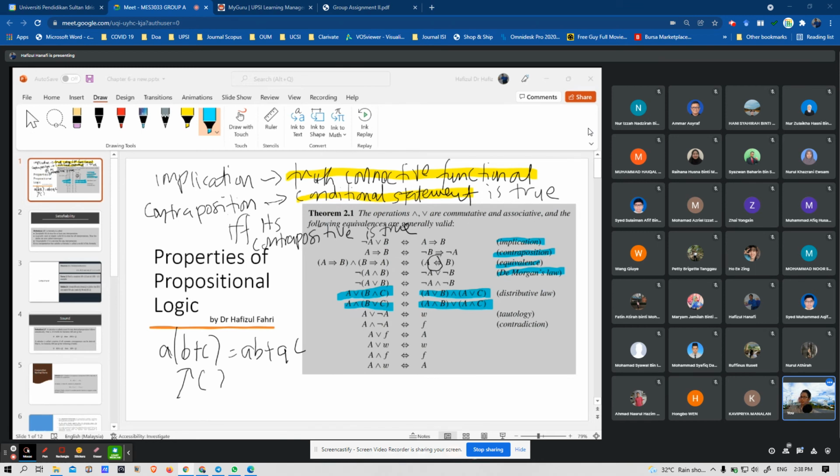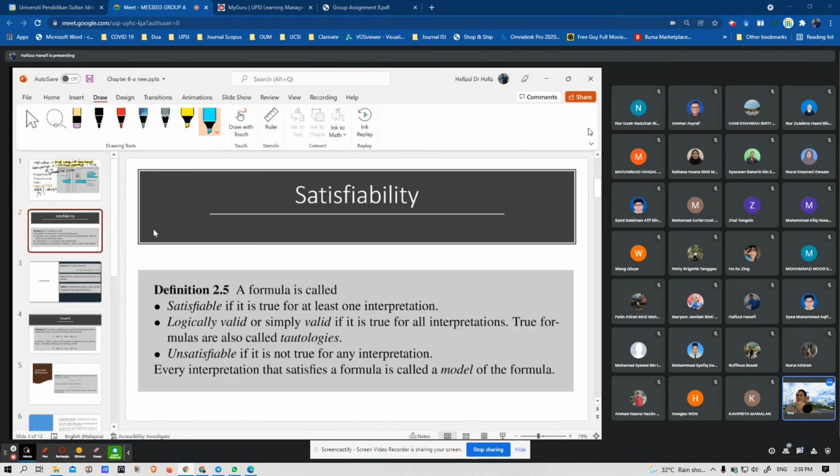And then we continue with satisfiability. A formula is called satisfiable if it is true for at least one interpretation. You need to have one interpretation that satisfies it. It is logically valid, or simply valid, if it is true for all interpretations. The valid formulas are also called tautologies.